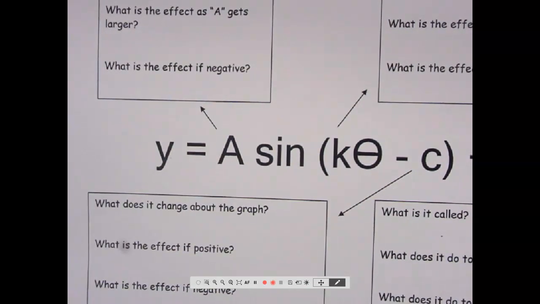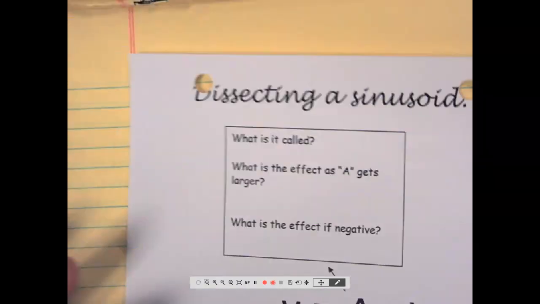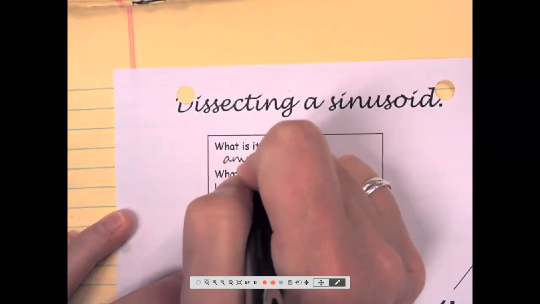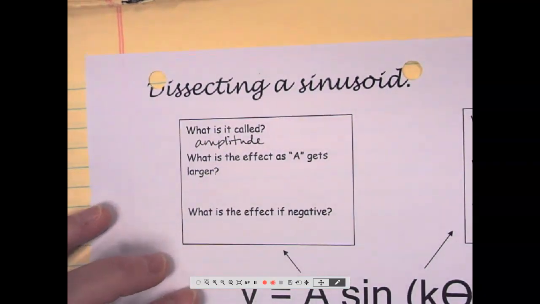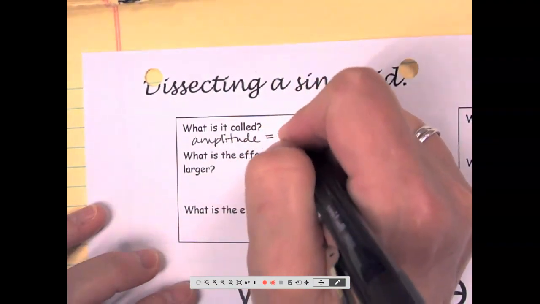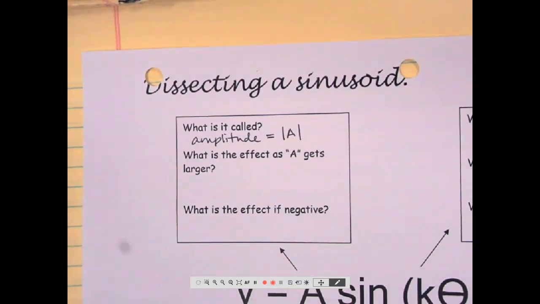This thing here is called the A, is called the amplitude. It's nice because it actually starts with A. The amplitude is the absolute value of A. So when we had that negative number out front, we didn't use a negative amplitude. We just call the amplitude whatever the number is.